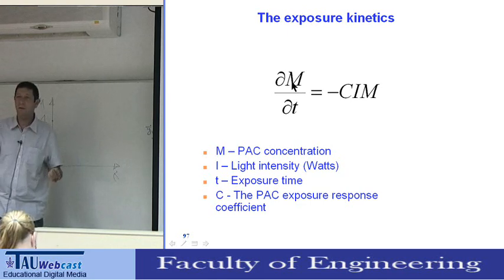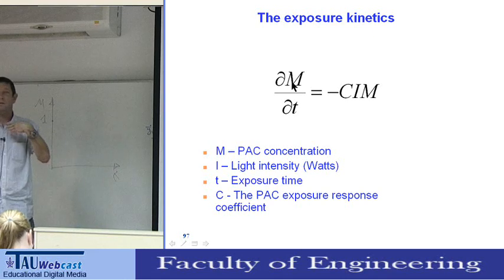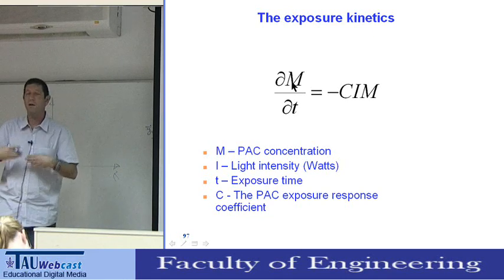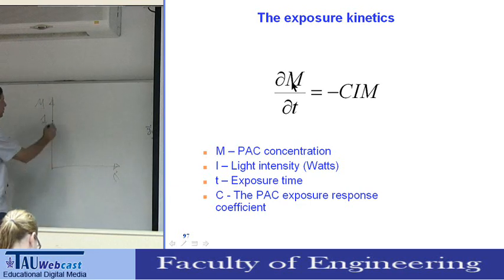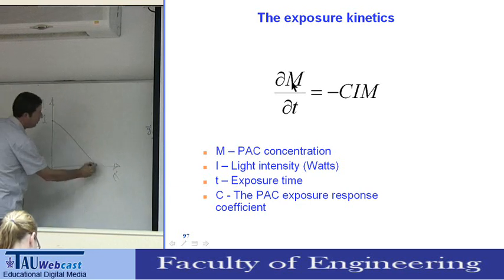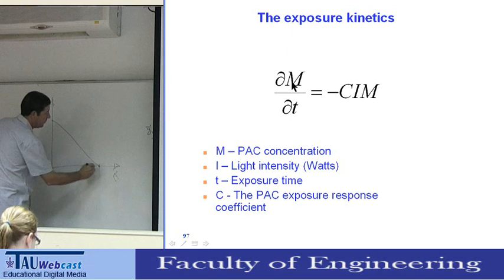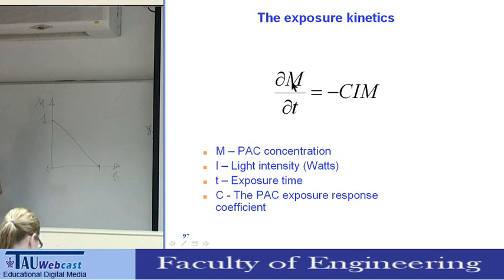When I illuminate the material, I induce a photochemical reaction. So M is destroyed, and if I illuminate enough time, M reaches 0. I don't know the exact solution, but it should behave like this. It's probably exponential. Actually, it's not exactly exponential. You will see that it's a little bit constant, then it goes down more rapidly.